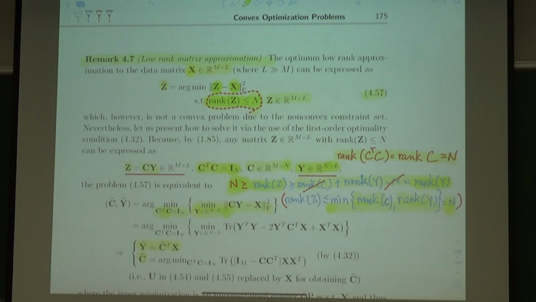It's a quadratic, convex function of Y. So you can take the gradient equal to 0 to get the optimal Y, which is C transpose times X. Then you put it back into the objective function, and you end up solving the outer minimization.